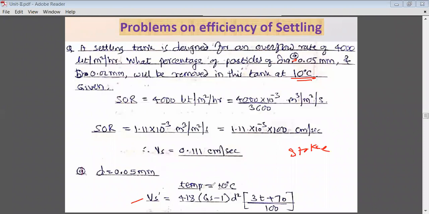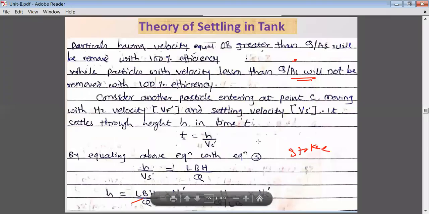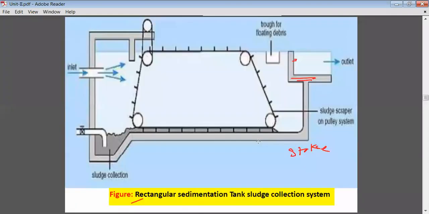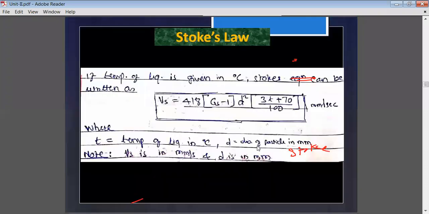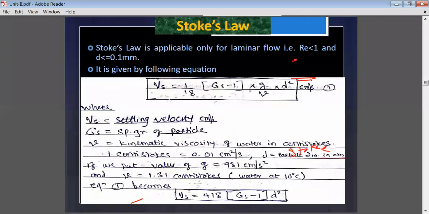Okay, so see your notebook, the equation for settling velocity. We have written these two equations.